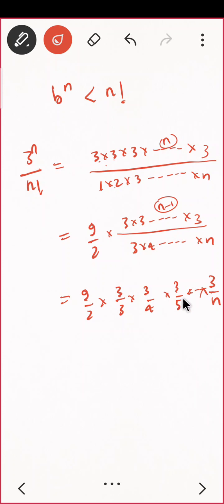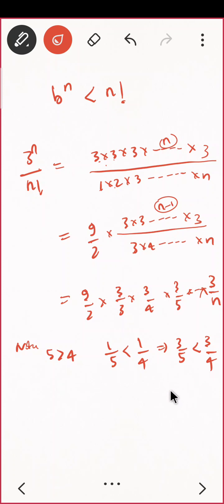Why am I writing like this? You'll see. Note, 5 is greater than 4. So what is the relation between 1 upon 5 and 1 upon 4? Less than, correct? Implies 3 by 5 is less than 3 by 4. Do you agree? 3 by 5 is less than 3 by 4.